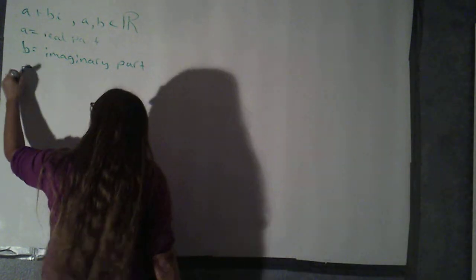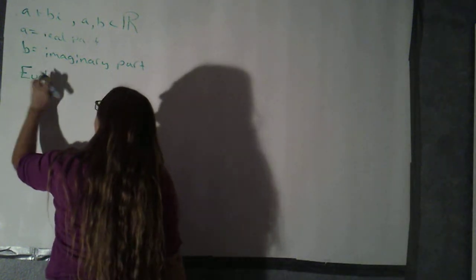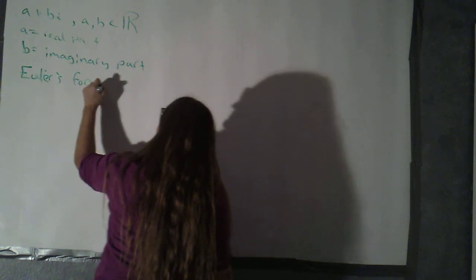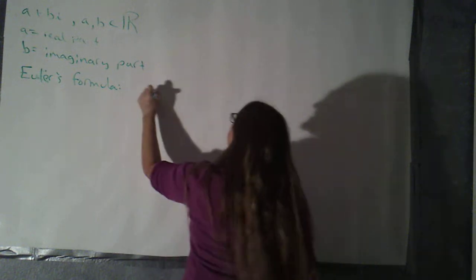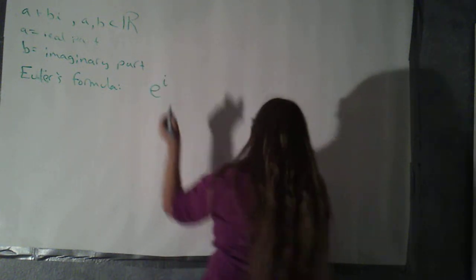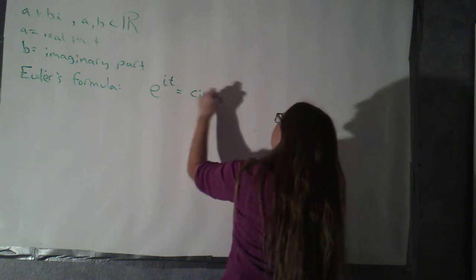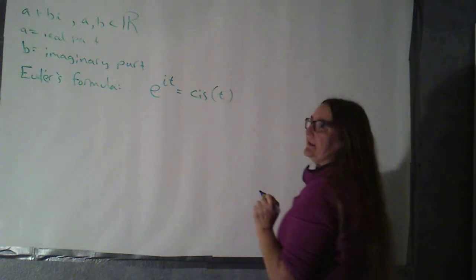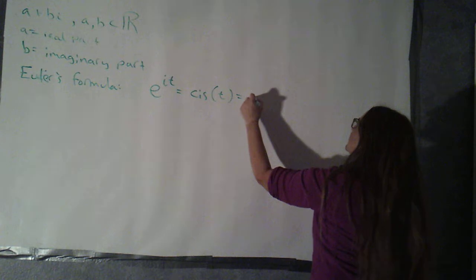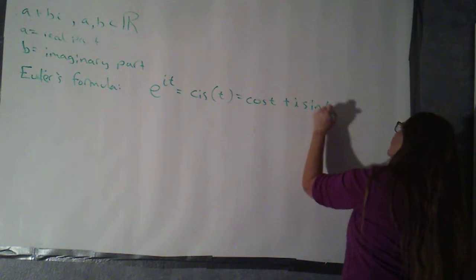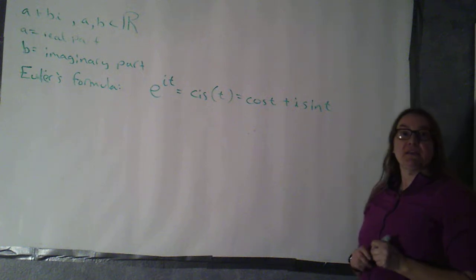But something that some of you may or may not have seen before is Euler's formula, which is that e to the it is cis of t, and that stands for cosine of t plus i times sine of t.